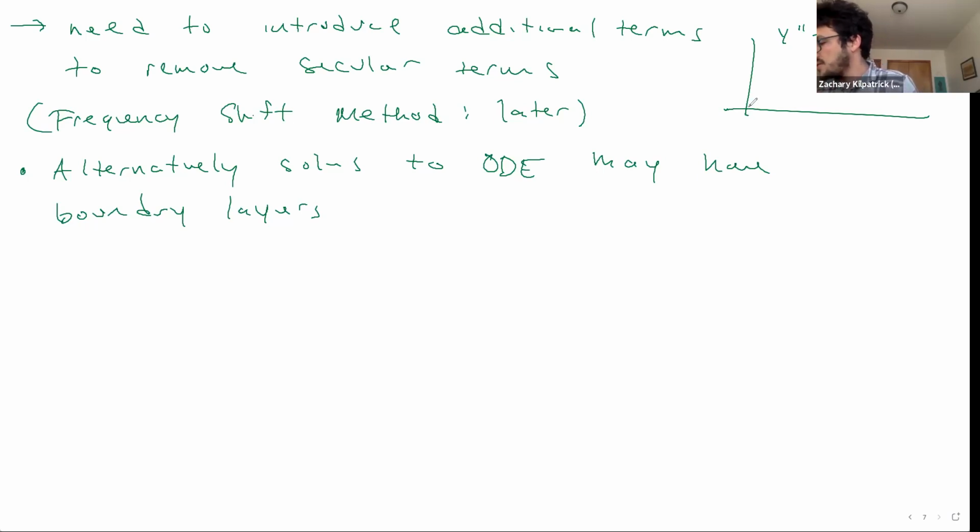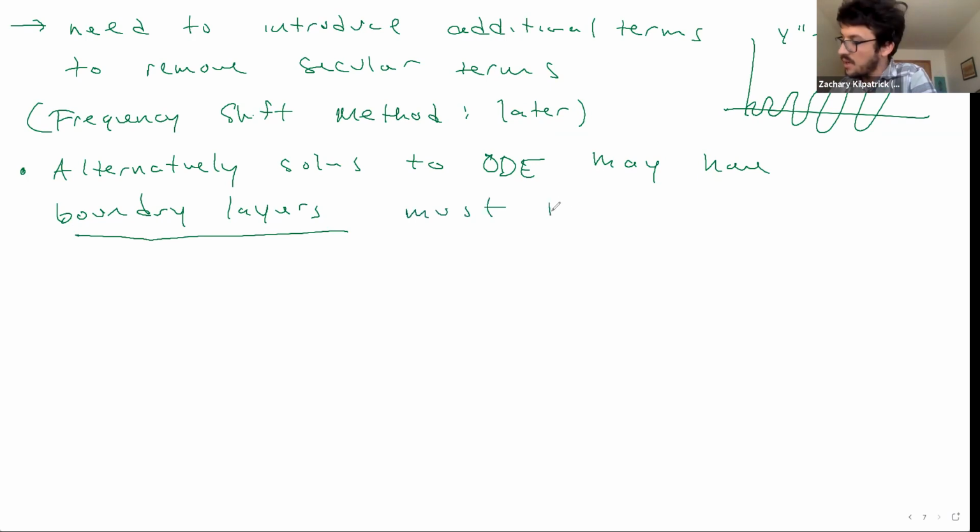We had these solutions that were kind of growing like this over time, and the non-uniformity starts here, right?